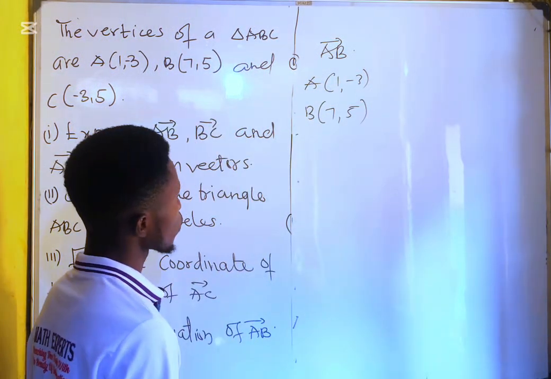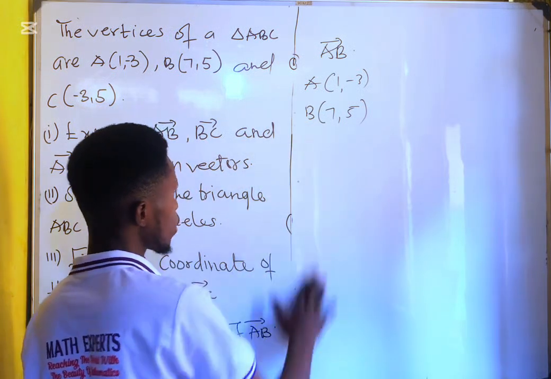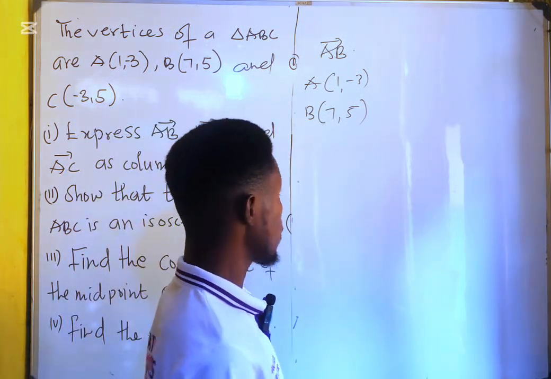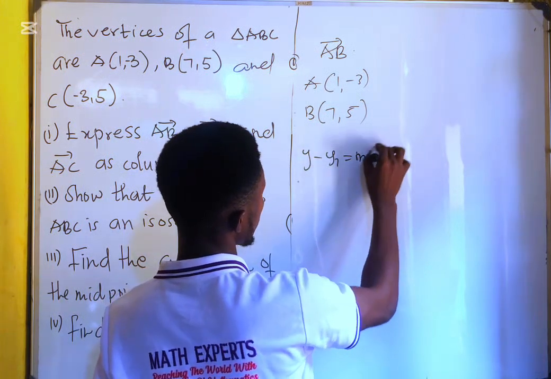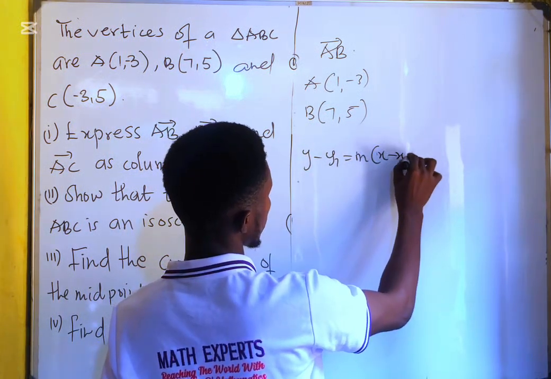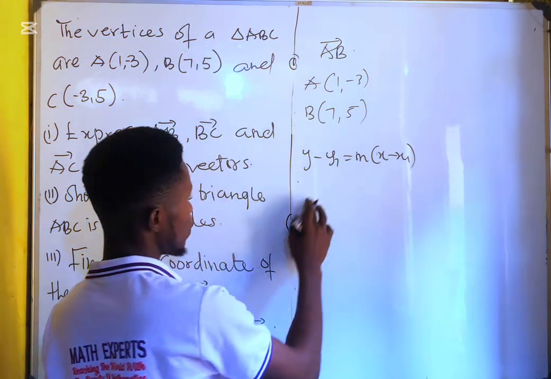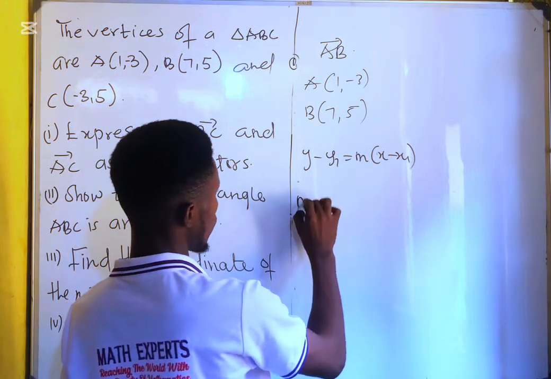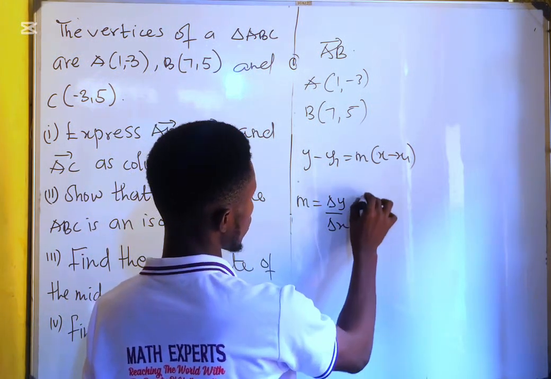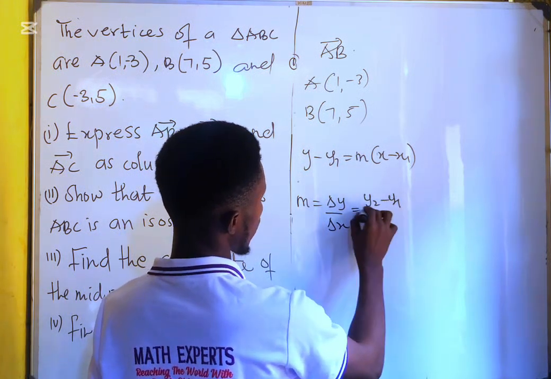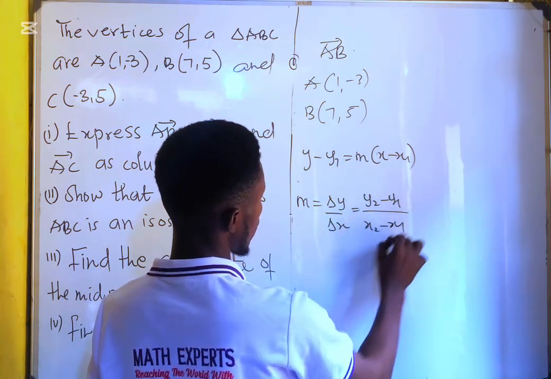If you want to find it, you have two ways of doing it, but I prefer this one: y minus y1 equals m(x minus x1), okay? This m means gradient. So you first find the gradient. The gradient is changing y over changing x, which is the same as y2 minus y1 over x2 minus x1.